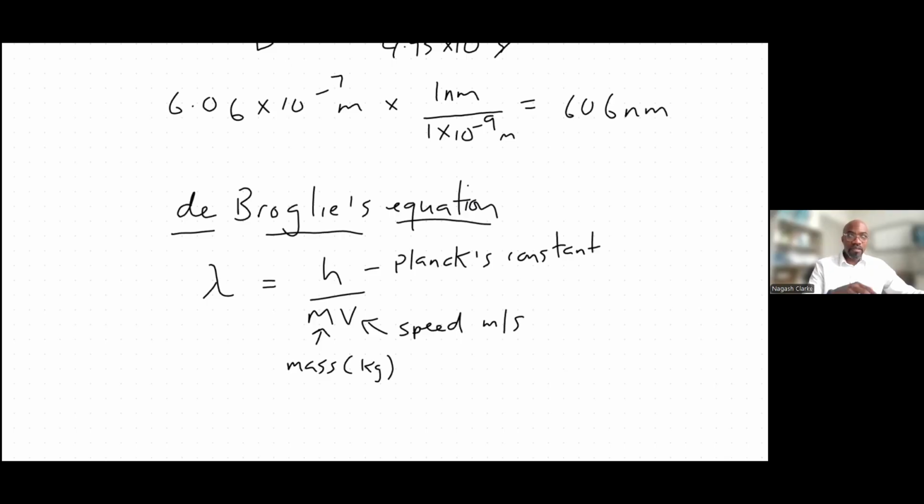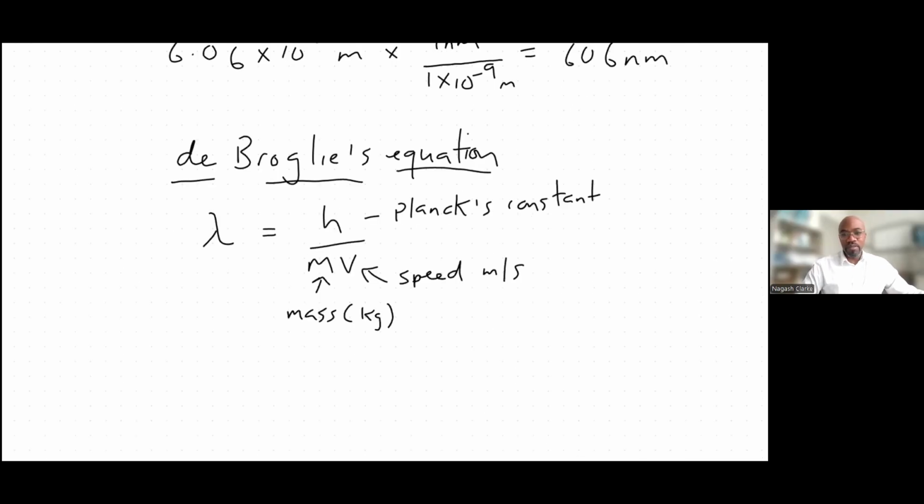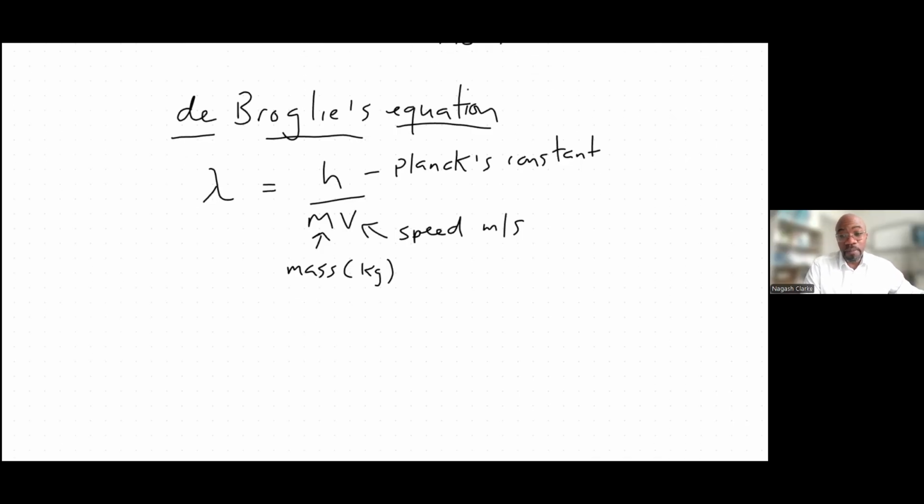You can even think about Einstein's equation E equals mc squared. You have energy and mass in the same equation. So we can calculate the wavelength of anything. So let's take a baseball moving at, let's just say, 50 meters per second.